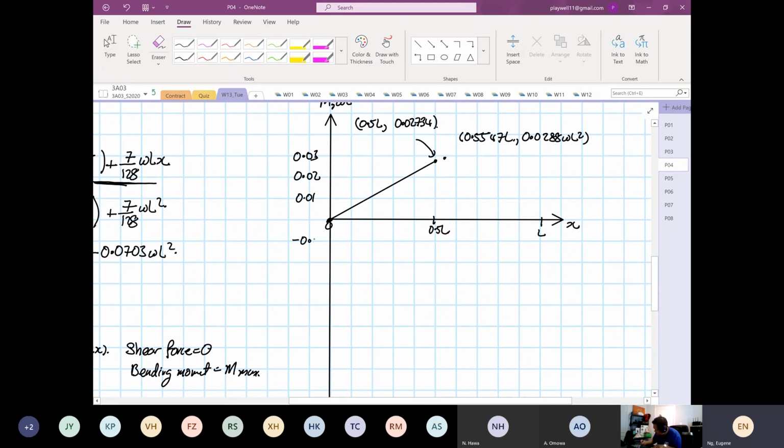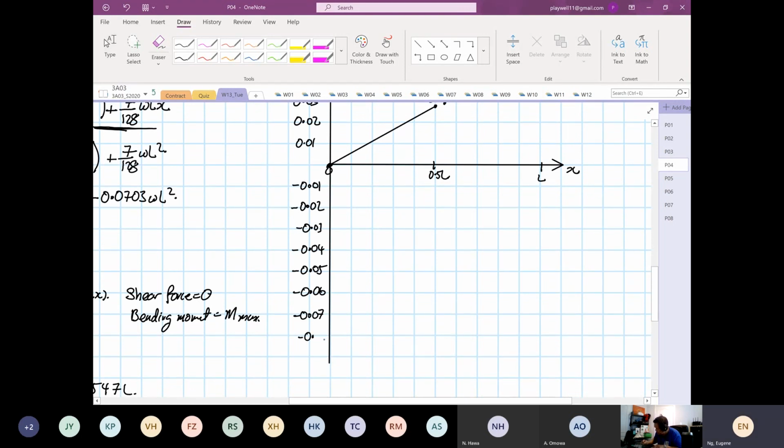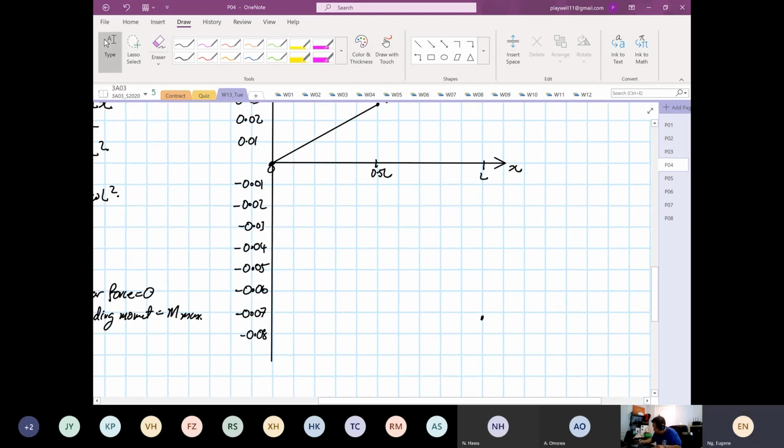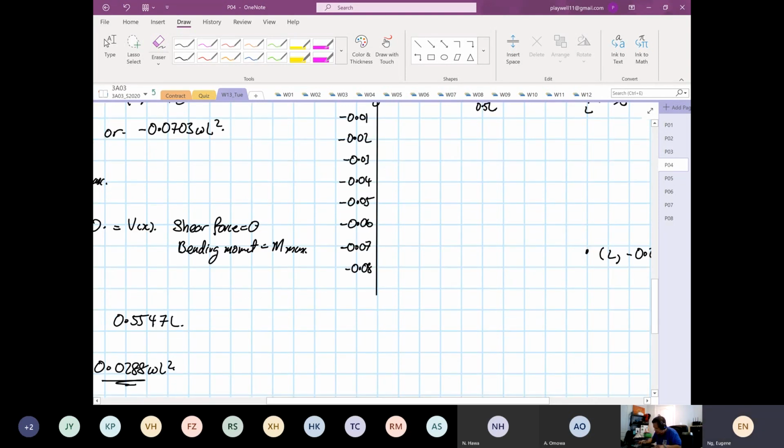And then when it finishes off at 0.07, so this is my 0.01, 2, 3, 4, 5, 6, 7, and minus 0.08. All right, you'll finish off at minus 0.0703. Okay, so this is your last point, L, and this is equal to minus 0.0703.